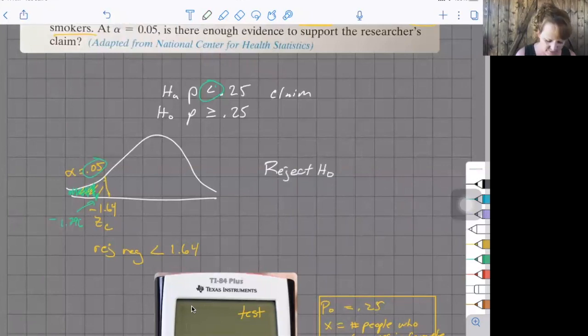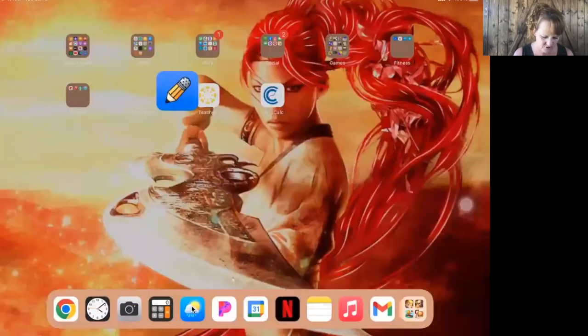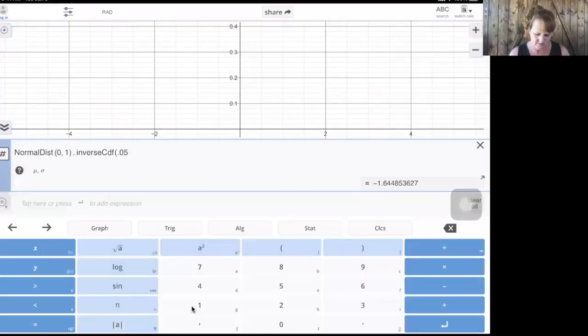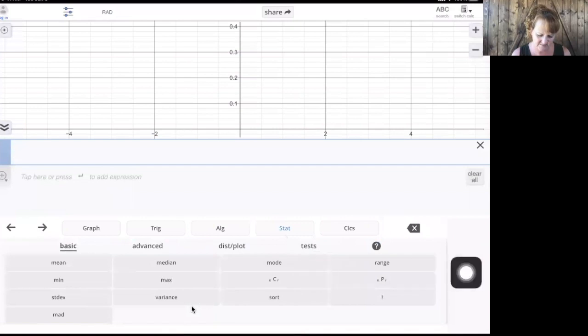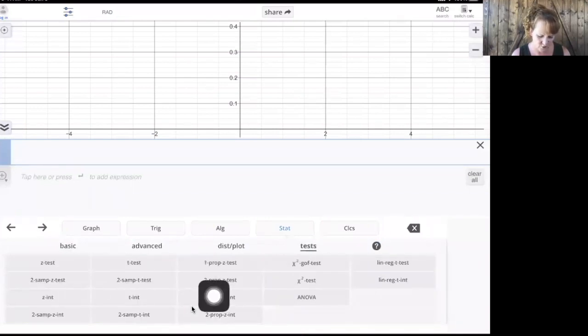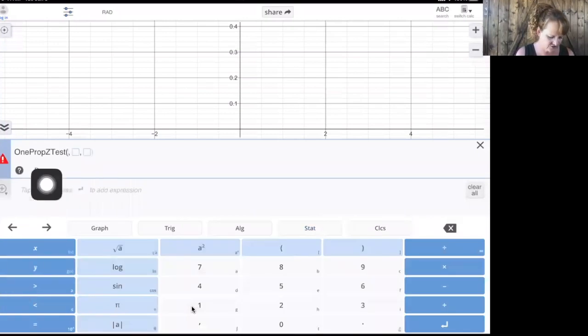Now, class calc people, let's jump over, show you where this is. You're going to go into stat and you're going into tests. One prop Z test, same thing. Okay, and here's your guys. P naught, that's going to be your 0.25. The X value, that's going to be the number of people that say yes to the survey.